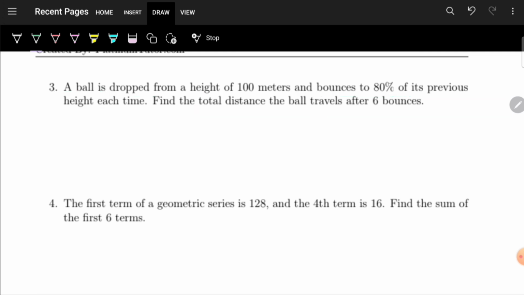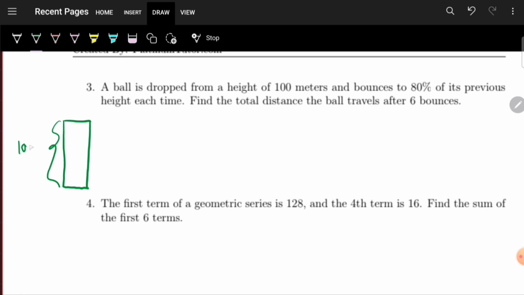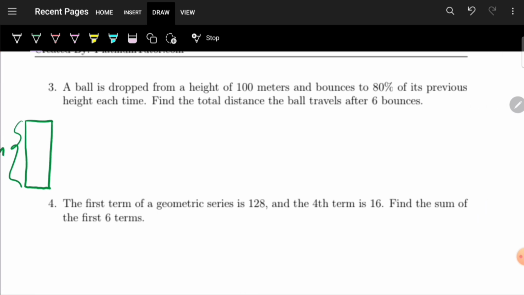So we're going to draw an image for this. Maybe this is a building or a structure that's 100 meters tall. The ball is dropped 100 meters, and here's the ground.